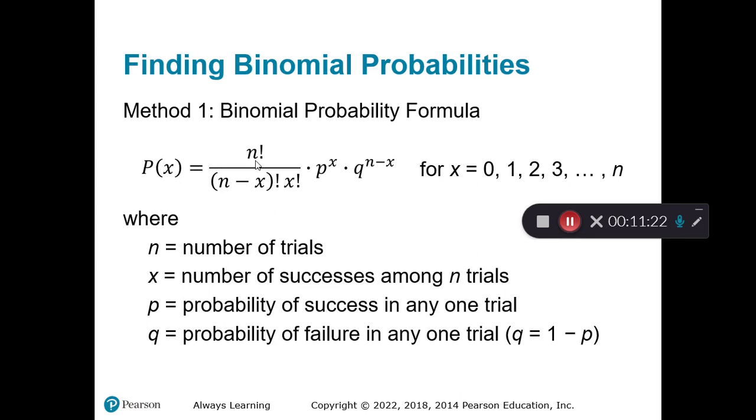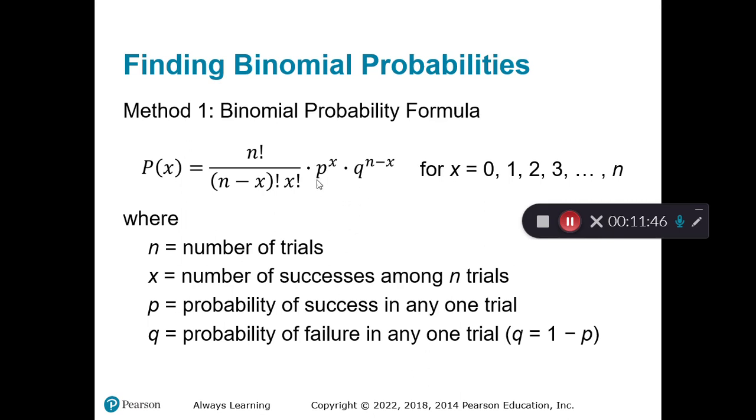So 3 factorial would be 6. 4 factorial, on the other hand, would be equal to 4 times 3 times 2 times 1, and that is equal to 24. So it's repeated multiplication starting with a factor of n and then multiplying by subsequent smaller factors, always subtracting 1, all the way down to a factor of 1.